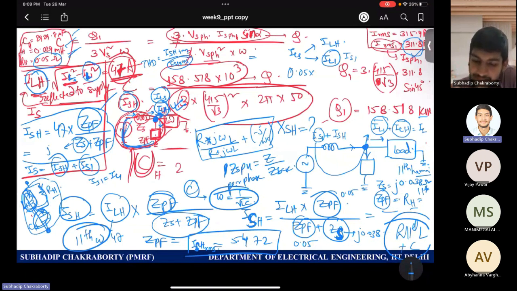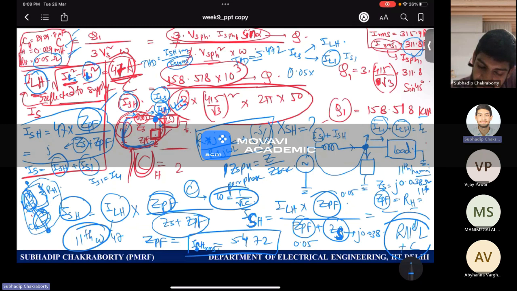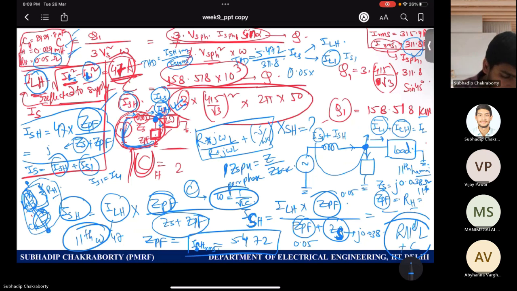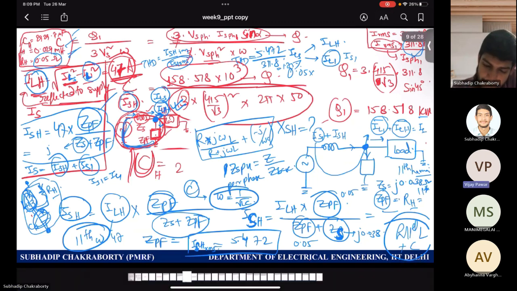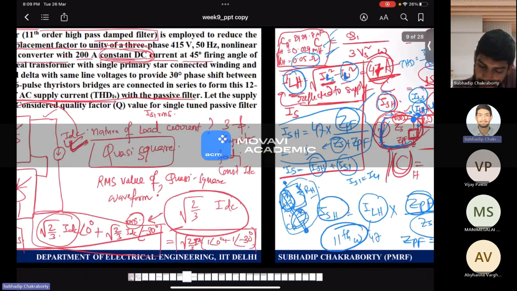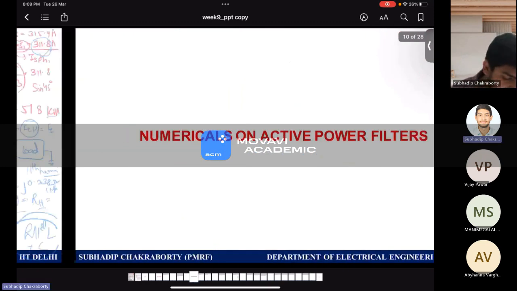Your THD will be 5.472 divided by 311.8. What is coming? 1.75%, around. So this is the answer, right?